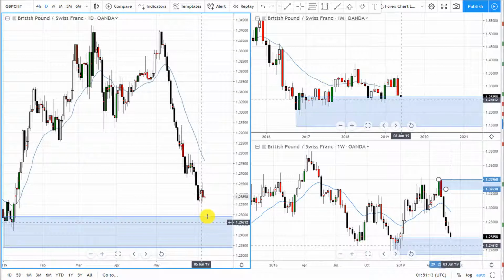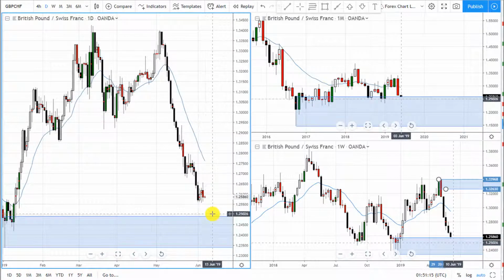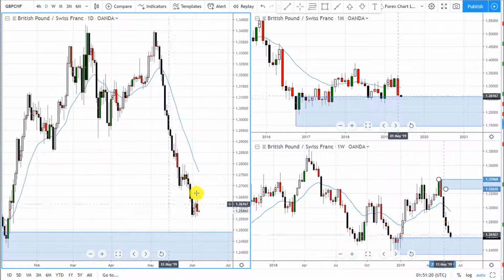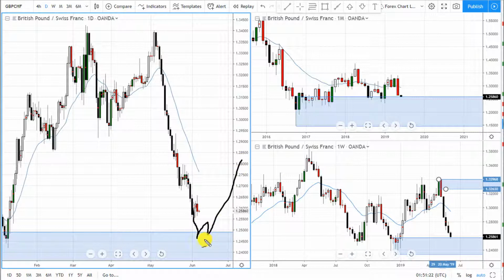We want to wait to see if price bounces off of this area, and if price bounces here and then rallies, we want to buy around here when it's rallying up. We don't want to just buy here, we want to wait for what we call confirmation, like a drop and then a rally, and that's what we want to buy. We want to buy when it's uptrending.